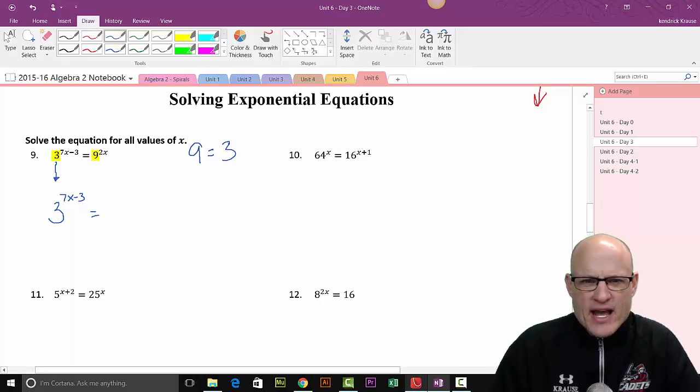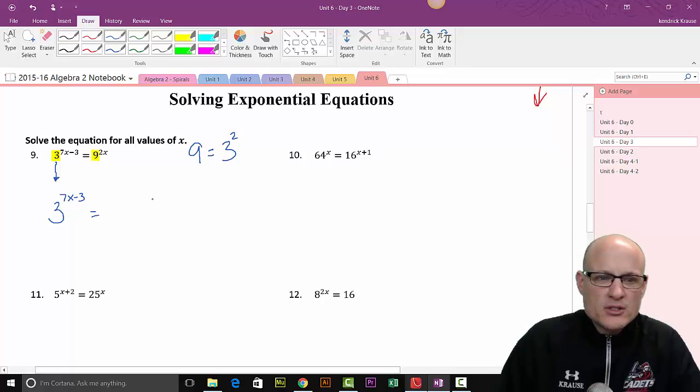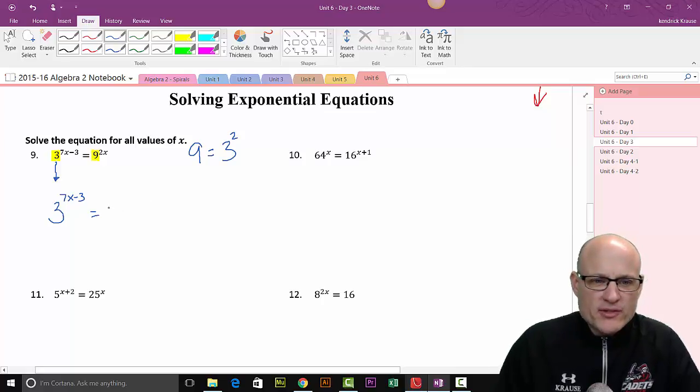And you all should know that 9 is really equal to 3 squared. So I'm going to replace the 9 with 3 squared raised to the 2x. Now, if you remember correctly from before, these just get multiplied. So what I really have here is 3 to the 7x minus 3 is equal to 3 to the 4x.